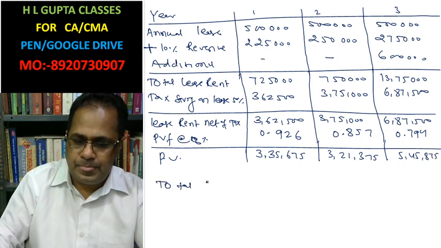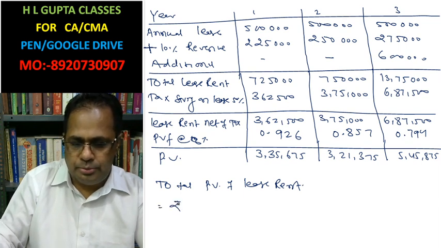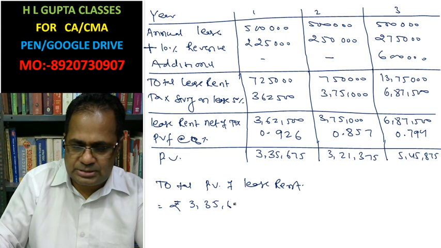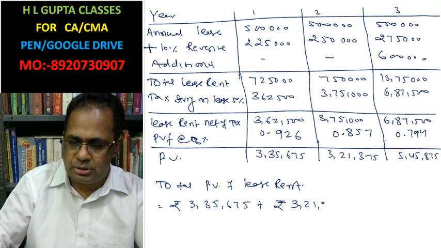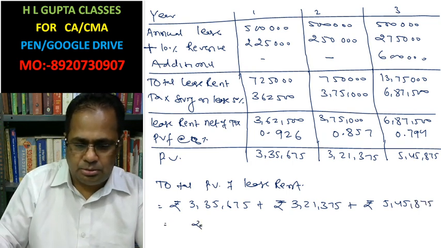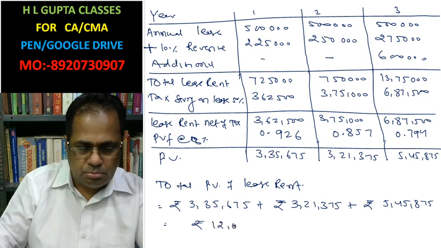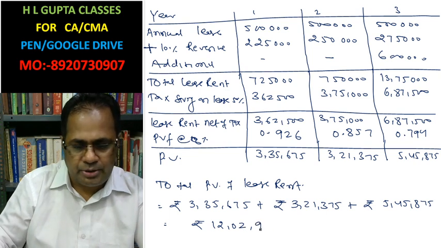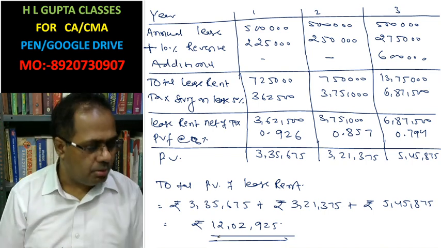Total present value of lease rent: rupees 3,35,675 plus rupees 3,21,375 plus rupees 5,45,875. This is rupees 12 lakh 2,925. This is the present value of lease rent.